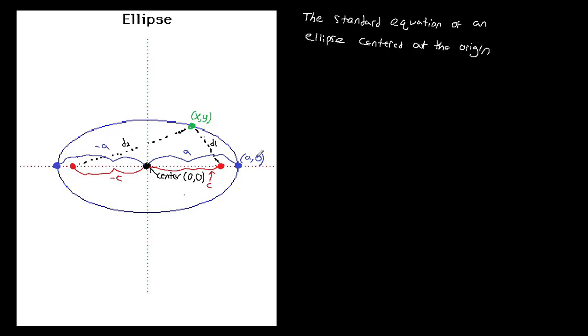On the other side, this would be negative a, comma 0, because we've gone in the negative direction. And the foci are the same sort of thing. We can label this one as c, comma 0, and this one as negative c, comma 0.